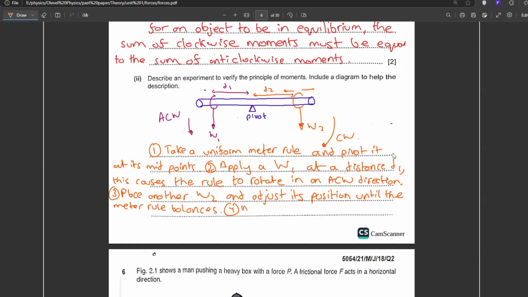Measure distance d2. If the anti-clockwise moment is equal to the clockwise moment, your principle of moments is satisfied. That is, if W1 into D1 is equal to W2 into D2, your principle of moments is verified. Simple as that. I would prefer that you write the wordings that I have given in the notes as well. Please go through that as well.